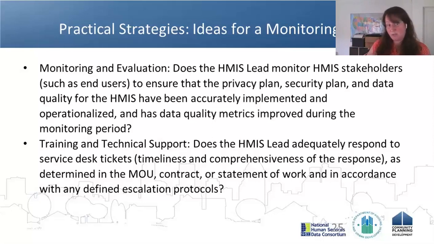number of help desk tickets entered right after a training concluded. Did we have an uptick in tickets about case notes because the training didn't include good enough instruction on how to enter case notes?